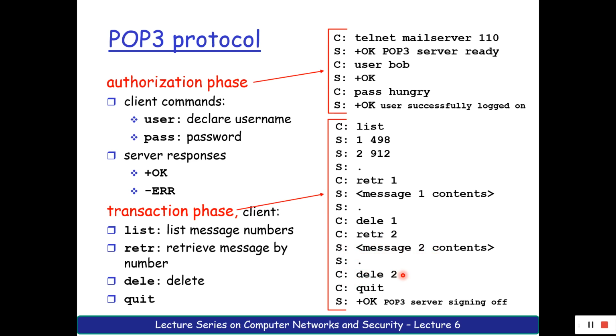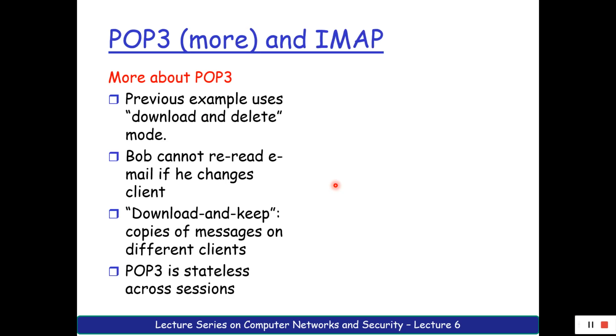Then the client asks it to delete 2. Once these two mails have been read, the client wants to log out. So the client sends QUIT, and the server responds with plus OK. So this is a small example of how POP3 works. The first thing is the authorization phase and the second thing is the transaction phase.